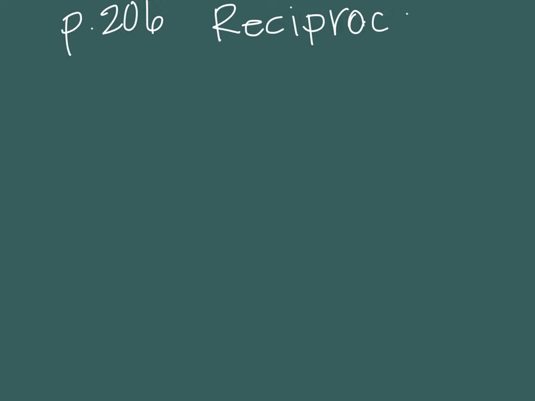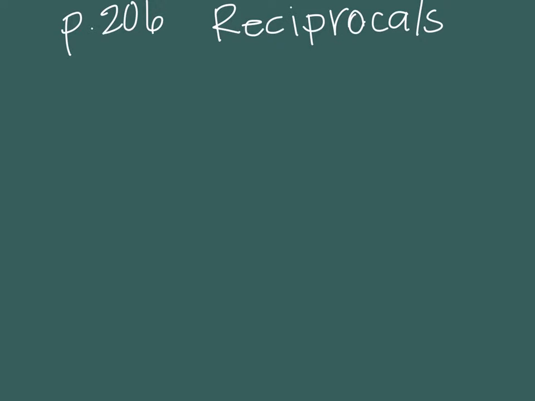Okay, I'm reading off of page 206. I'm not actually going to have a copy of the page here. And we're talking about reciprocals now. So if we look at the top, it's telling us all about the reciprocal property. I'm just going to write the word reciprocals.